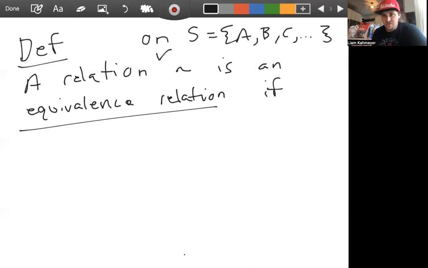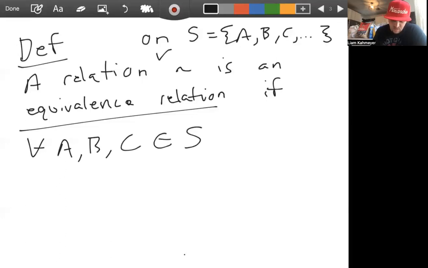A relation is an equivalence relation if we have the following conditions for every element A, B, C in S.